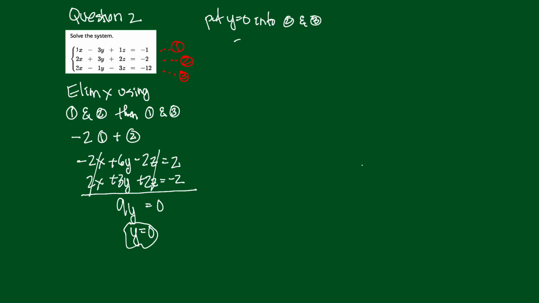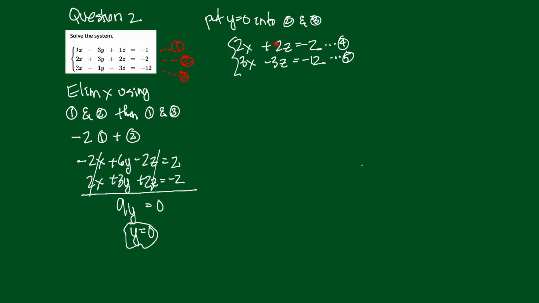Here's what it'll look like. 2x, now y is 0, so it's gone, plus 2z is equal to negative 2, and then to equation 3, I'll get 3x, and then minus 3z, that's equal to negative 12, all right? Now, I'm going to call this equation 4, and this equation 5.